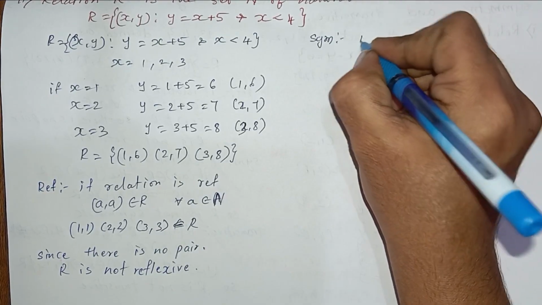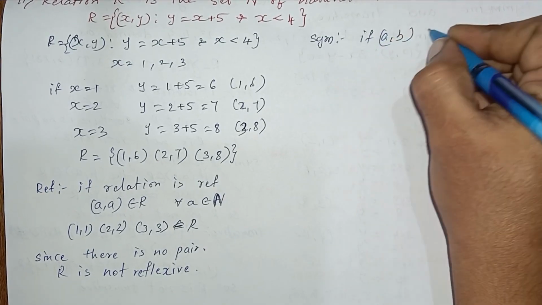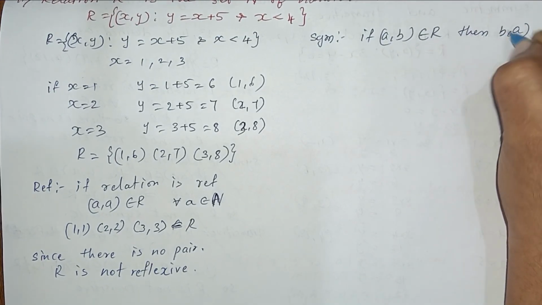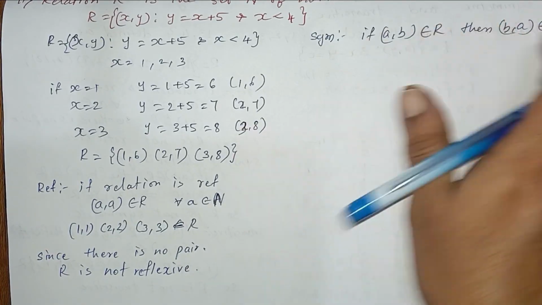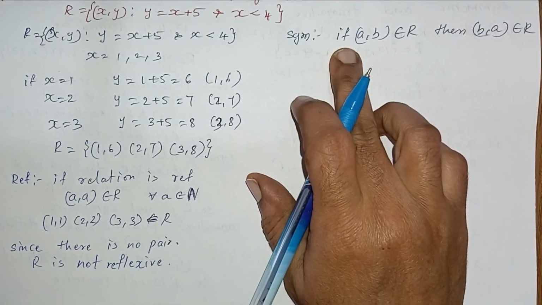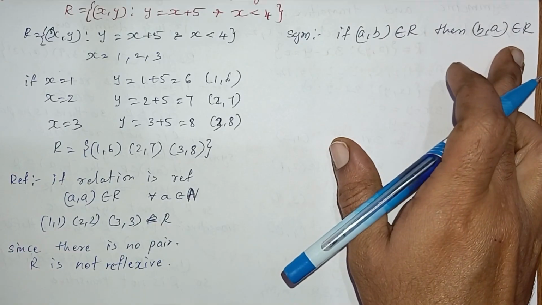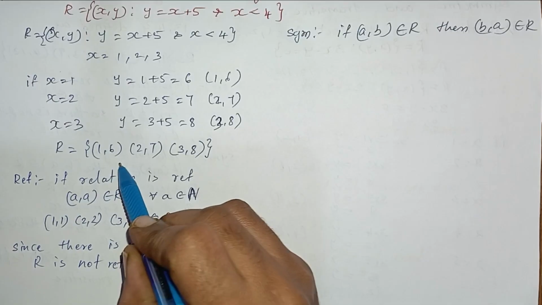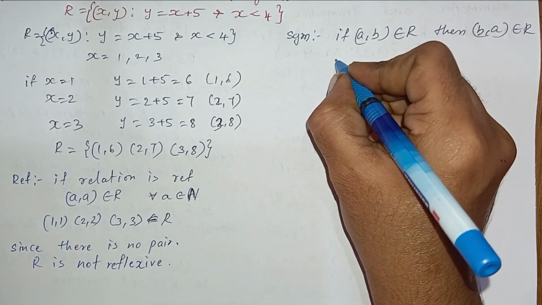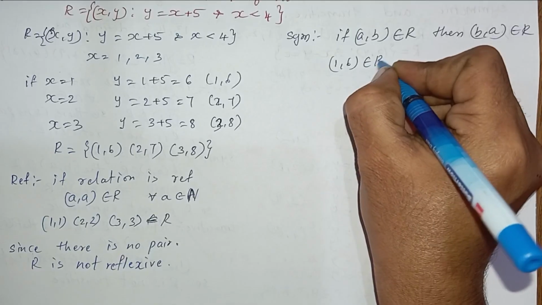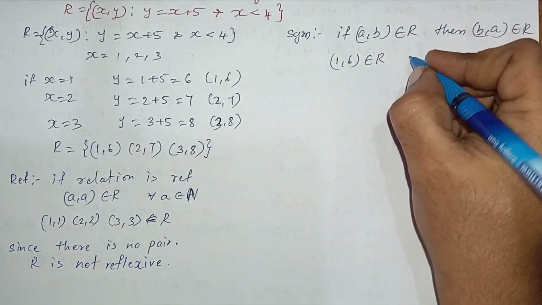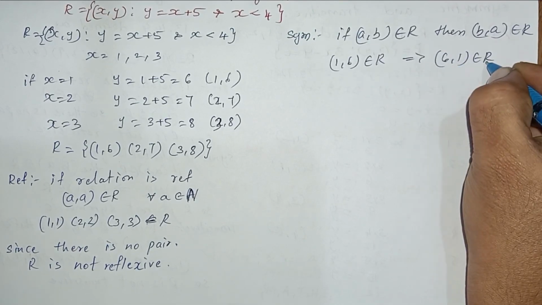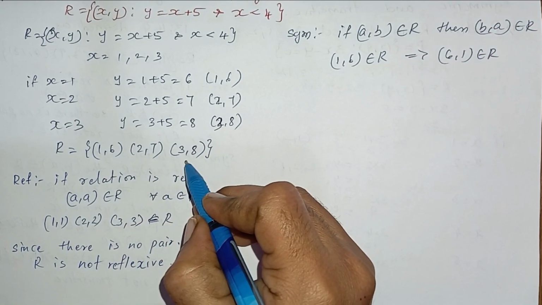A relation is said to be symmetric if (a, b) belongs to R, then (b, a) should also belong to R. If we take (1, 6), we know that it belongs to R. This implies that (6, 1) should belong to R, but here we don't have (6, 1).